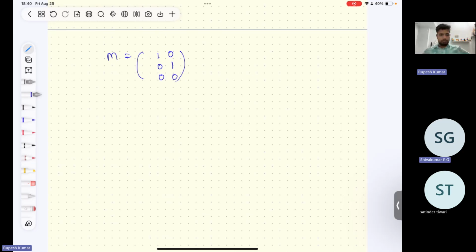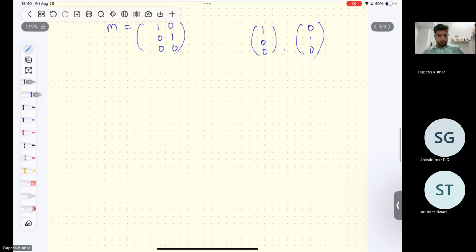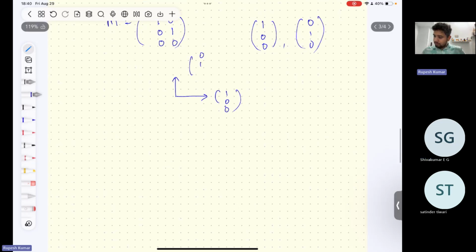This is also a matrix. Now focus on its columns. The first column is the vector 1 0 0. Its second column is the vector 0 1 0, right? Now what space are they spanning? This is the 1 0 0 vector, and this is the 0 1 0 vector, right? So they are spanning this xy plane that we already studied in coordinate geometry, right?